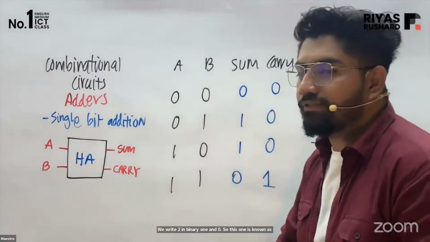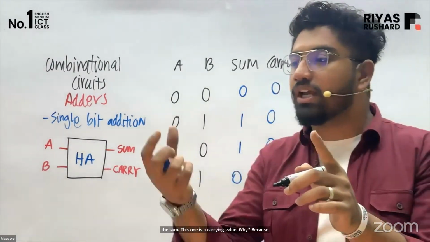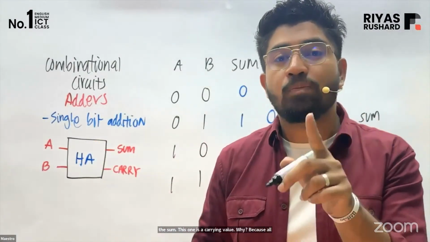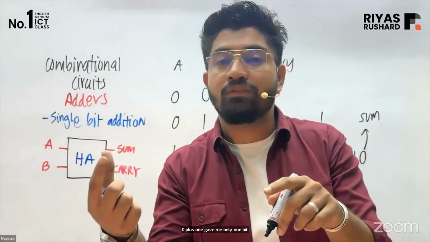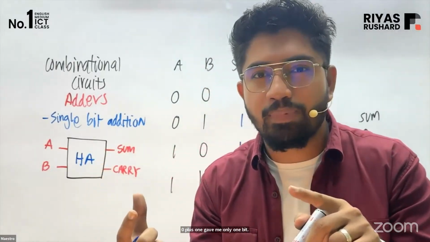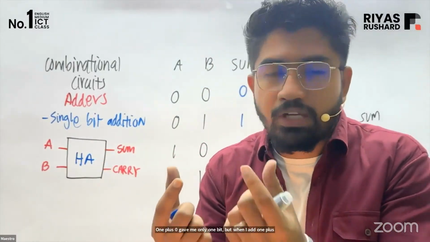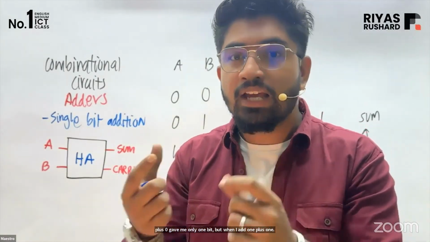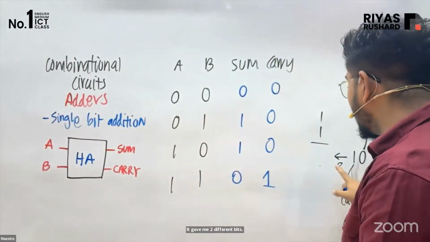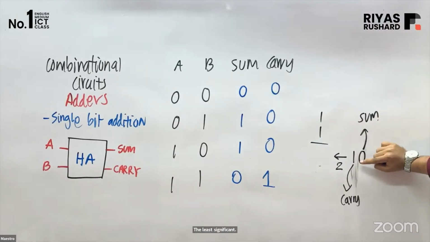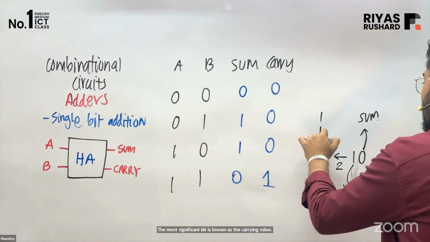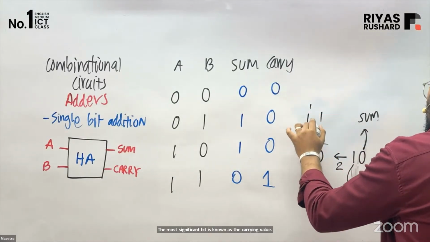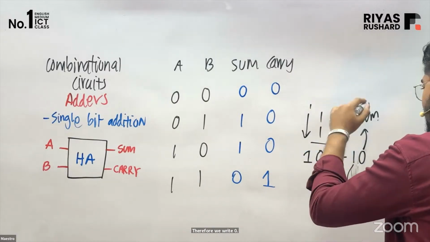Because all this time, 0 plus 0 gave me only 1 bit, 0 plus 1 gave me only 1 bit, and 1 plus 0 gave me only 1 bit. But when I add 1 plus 1, it gave me two different bits. The least significant bit is known as the sum. The most significant bit is known as the carrying value. Therefore, we write 0, and the 1 goes to the other side. Now, this is ultra level basics.